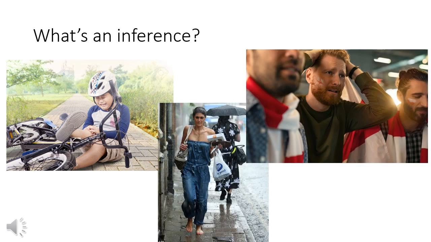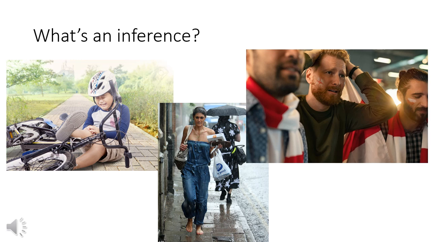So when we're looking at what an inference is, it literally just means a reasonable assumption. I'm going to take a look at the first image here, the little boy. He's sat on the ground, he's wearing a helmet, he's got a leg either side of his bike. Now this to me looks fairly obvious. He's fallen off his bike and he's upset.